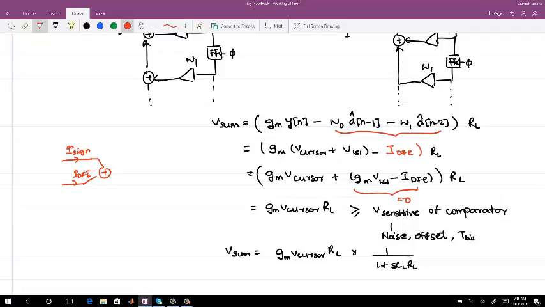One way is to sum this current and pass it through RL, which I just did. Doing this adds an additional capacitor CL, which limits the output value in a given bit period.